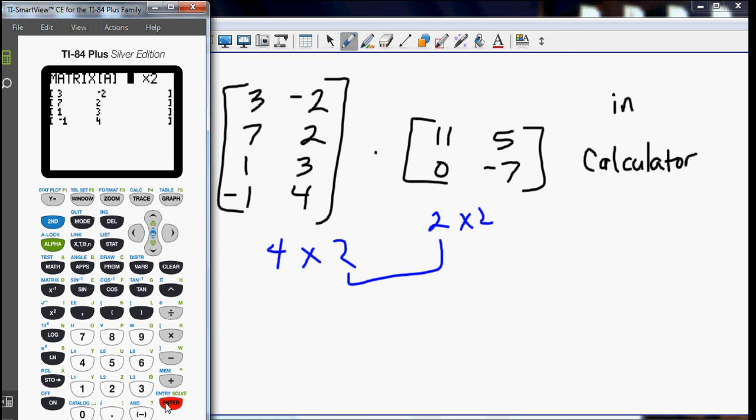And it's worth, after you plug it in, always double checking to make sure you did this correctly, because if you get the wrong numbers in here, it's going to mess up your answer big time.